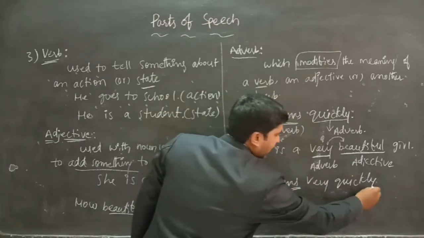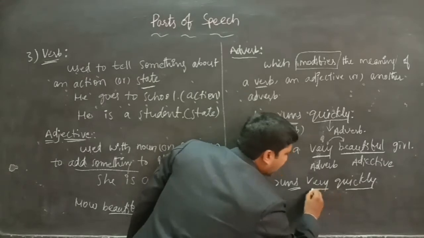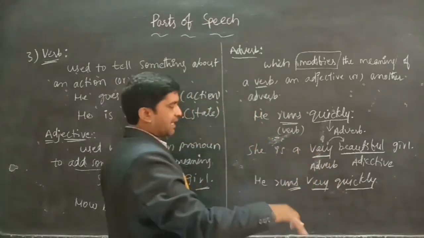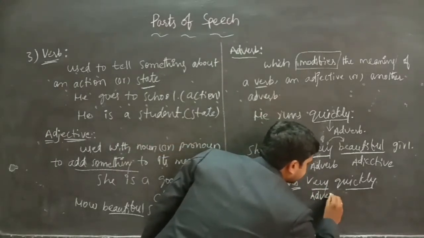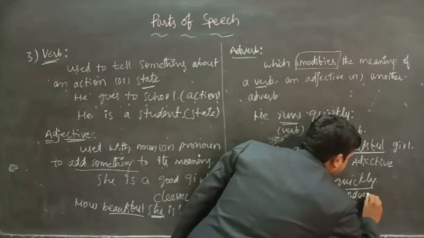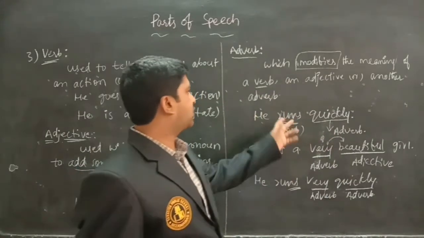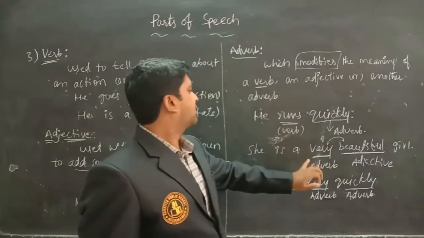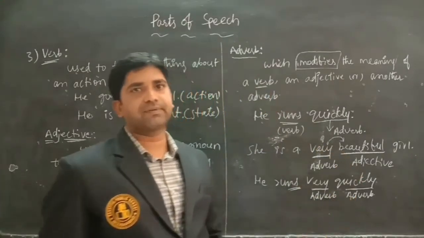Here it modifies adverb itself. You see here the very is adverb and quickly is also adverb. In this way we are using adverb. We use it to modify the verb, adjective and adverb itself.